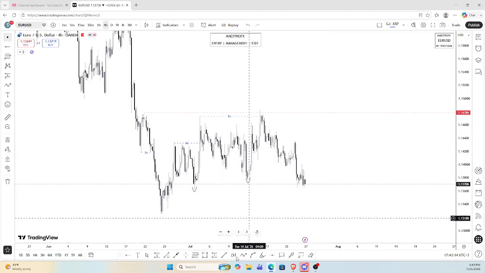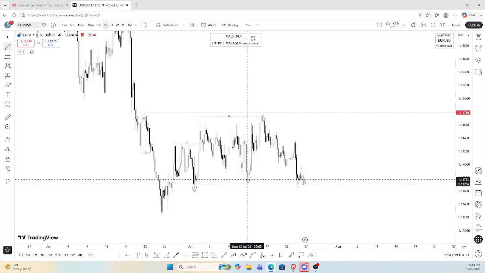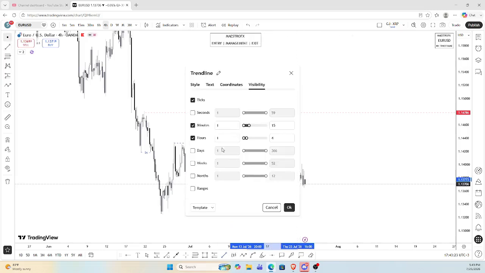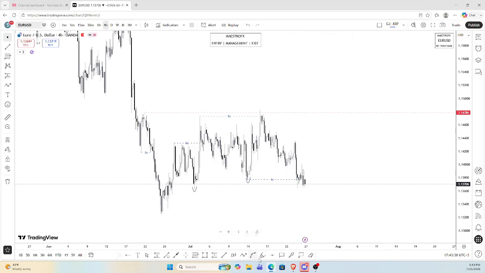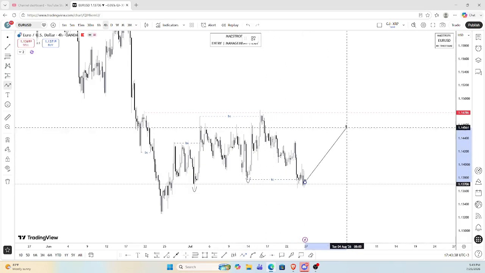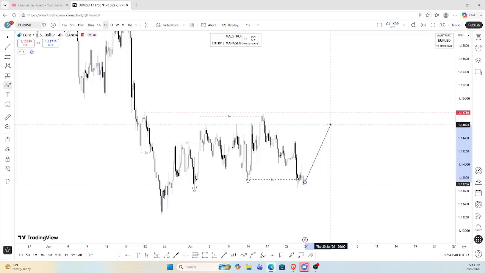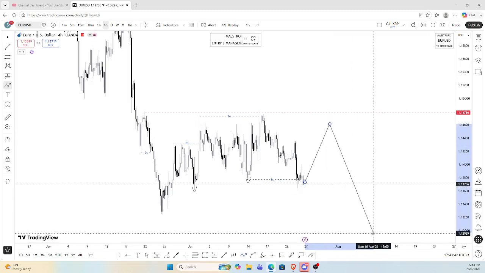And so it is my anticipation that this is a break of structure here. You can call it break of structure or trend change, or CHoCH, whatever you want to call it. And I'm anticipating a correction to take this internal liquidity and these trendline liquidity here before we push price further to the downside.